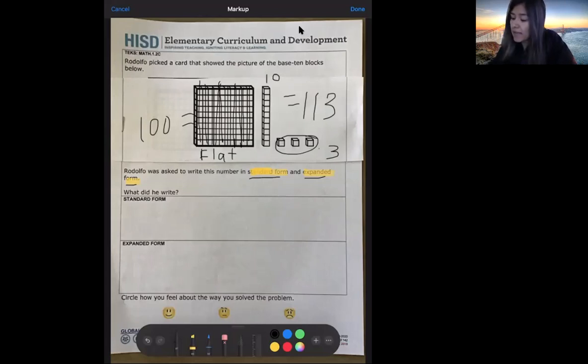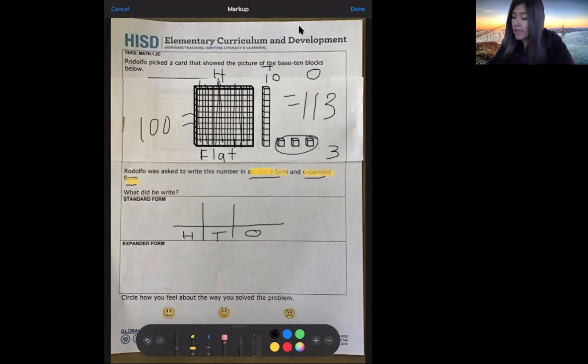So in this case, we have hundreds, tens, and ones. So when we represent our number in standard form, we're going to represent the hundreds, tens, and ones.